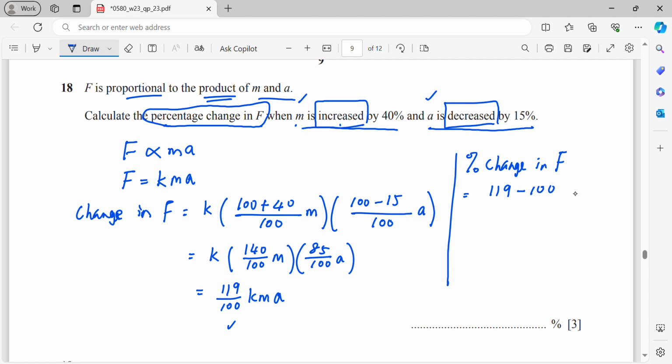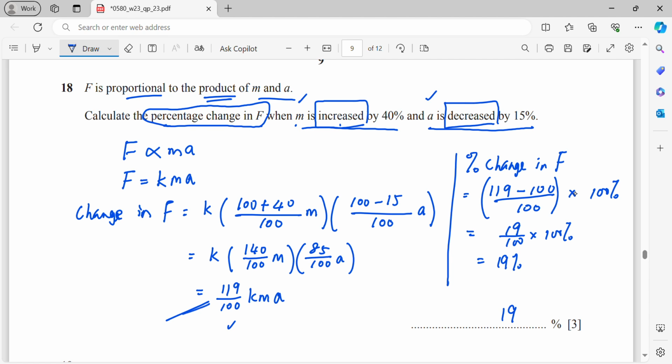Because initially it should be 100. So then over 100, then times 100%. That is your original percentage. So from here, I'll get 19 over 100 times 100%, which is 19%. So it has increased by 19%.